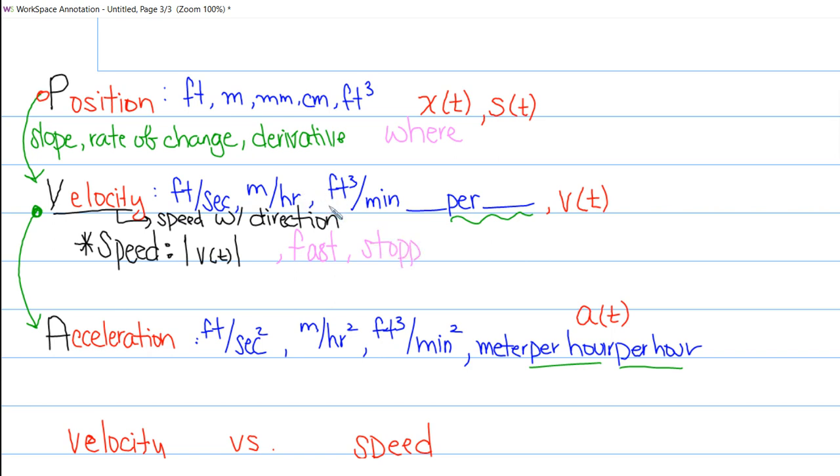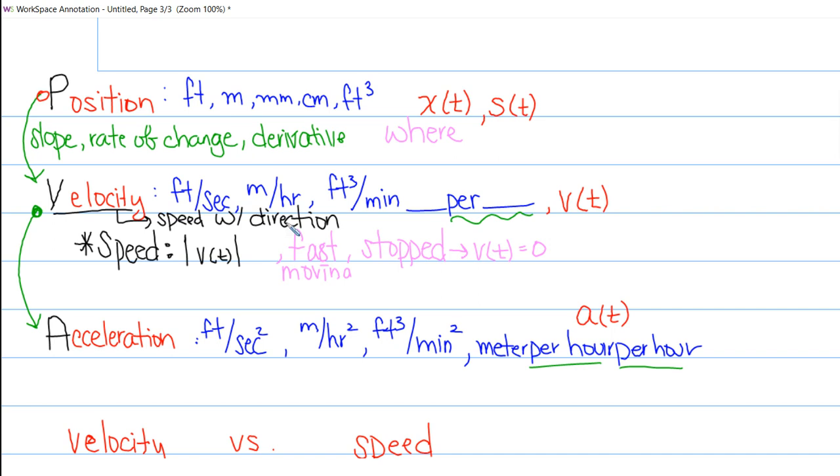I understand this is kind of a weird question, but if I am stopped at a stop sign, that means my velocity or my speed is 0. So whenever they are asking where your particle is not moving or is stopped, I know that I can set my velocity equal to 0 to see where that would be.